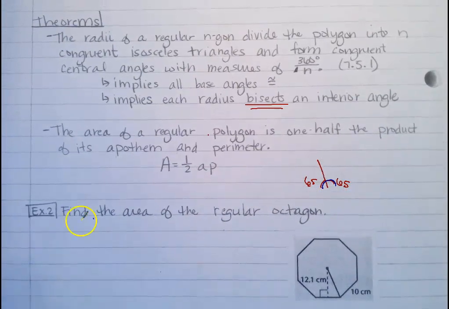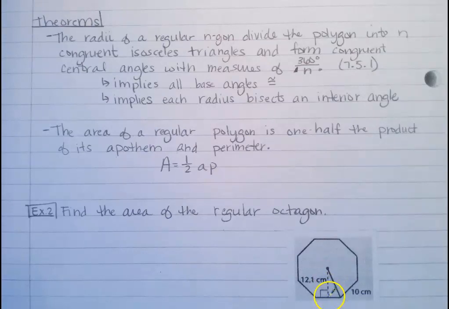Now then, the other thing that we have: the area of a regular polygon is 1/2 the product of its apothem and its perimeter. That's a weird formula for area. But if we think our apothem is this part, and the perimeter is the distance around.